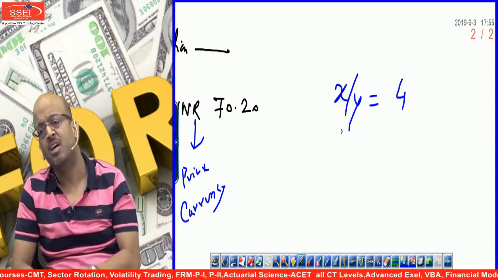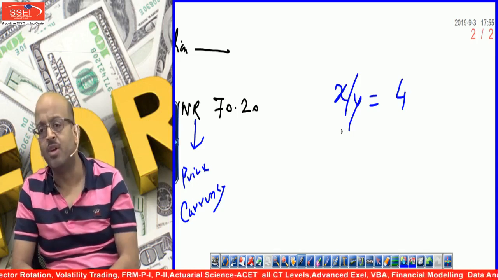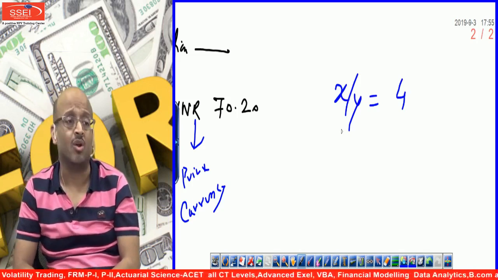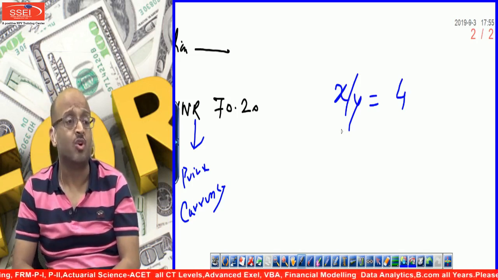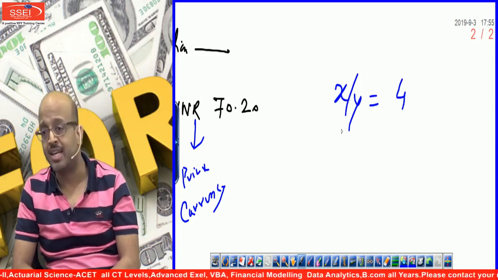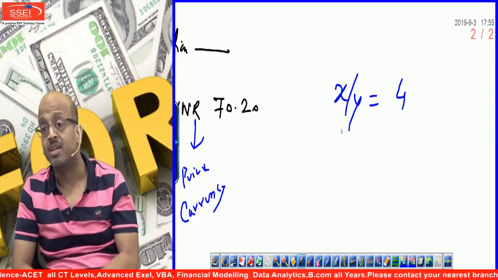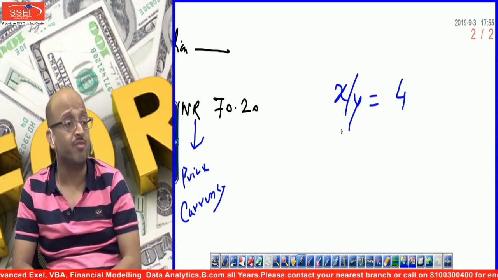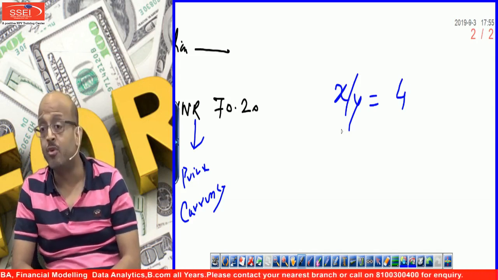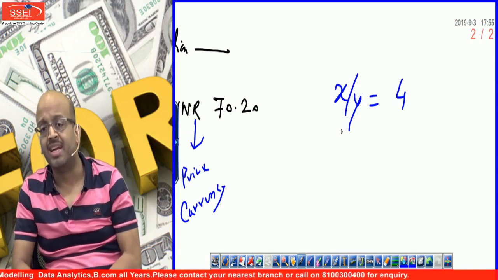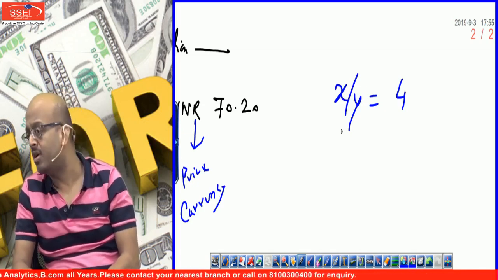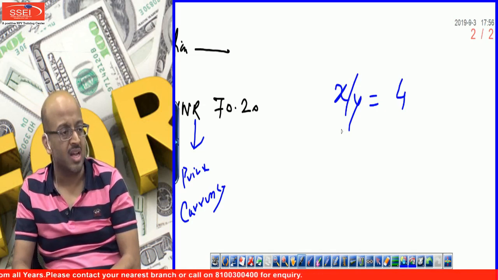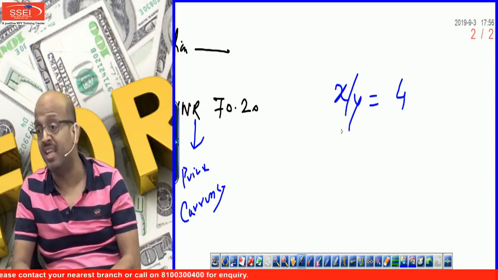Does that mean we should therefore remember 1Y equal to 4X? Once again, are you going to pass on average or in the first attempt? First attempt. So in your exam, the 20 portion can come, and then there is no relief. So we have to be prepared for both, whether they give 1X equal to 4Y or 1Y equal to 4X. Now the problem is how will we understand in the exam?